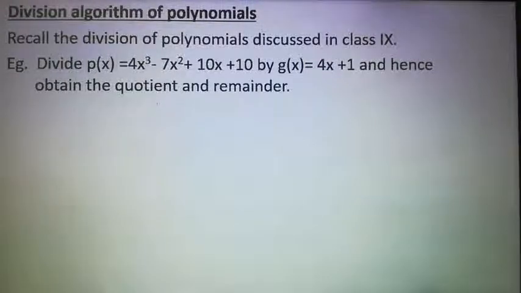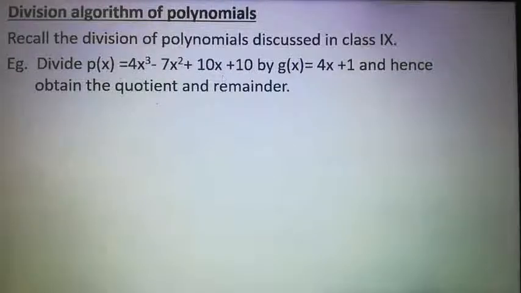Before starting the division, you have to first check whether the two polynomials are in the standard form with all terms. p of x is a third degree polynomial, and all the terms should be present: the third degree term 4x cubed, the second degree term minus 7x squared, the first degree term 10x, and the constant term 10.